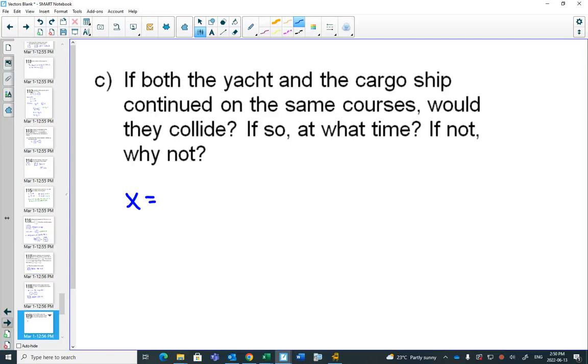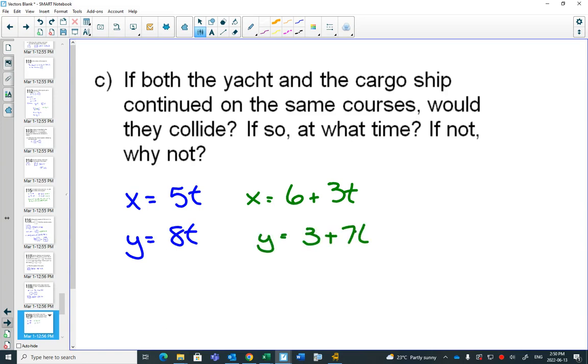The yacht's equation is x equals 5t and y equals 8t. The cargo ship's is x equals 6 plus 3t and y equals 3 plus 7t.